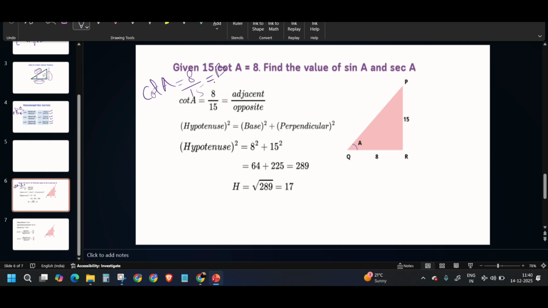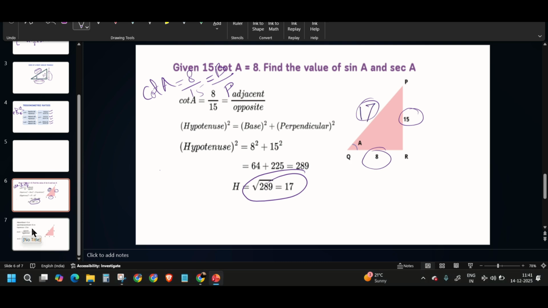That is the base. Base upon opposite side, that is 15, the perpendicular. So if we represent it by the triangle, 15 will be the perpendicular side, 8 will be the base. How can we calculate the hypotenuse? As we know, the Pythagoras theorem says hypotenuse square is equal to the sum of the base square and perpendicular square. So by using the Pythagoras theorem, we calculated the value of hypotenuse, that is 17.